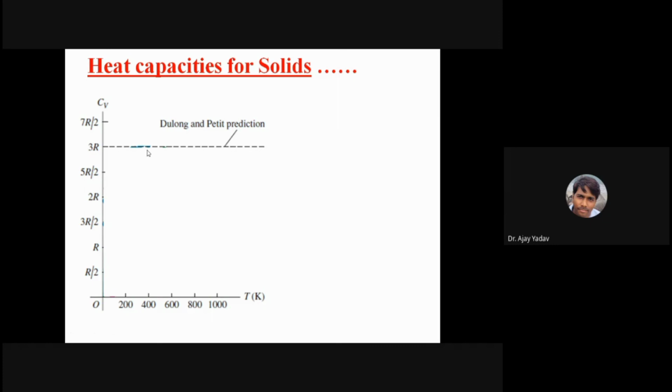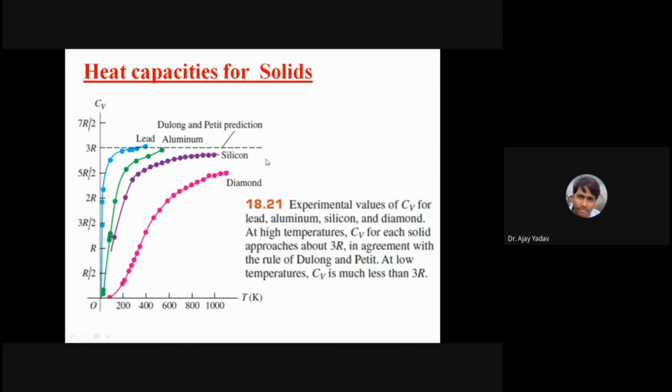The experimental observation is slightly different. It is like this. If you can see the mouse pointer which I am moving around here, the diamond structure is here, silicon is here, aluminum and lead.